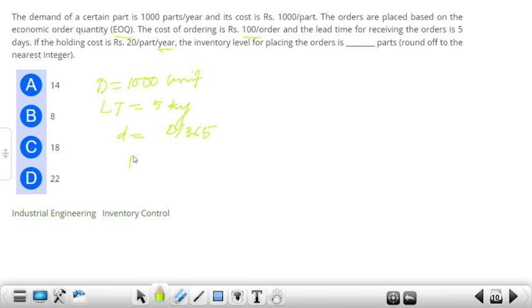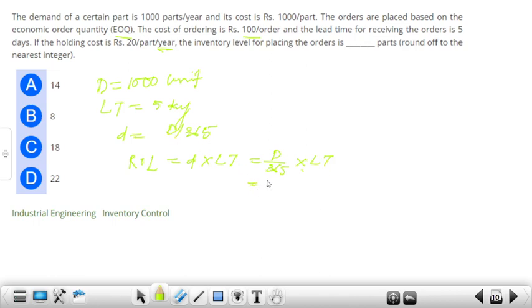And the reorder level, we know, is rate of consumption D into lead time, which is D divided by 365 into lead time.